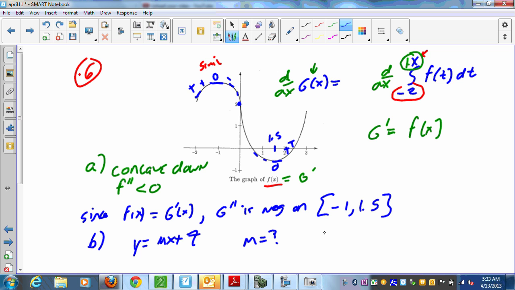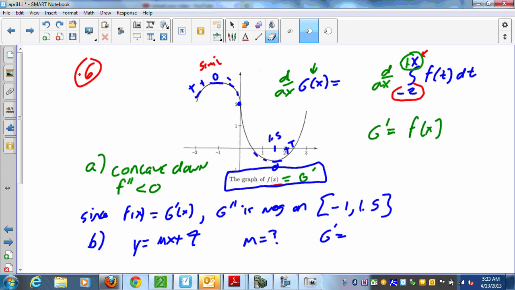And since they're asking us about g, how do you find a tangent line to g? You look at its derivative. And since we know this fact right here, that this graph f of x equals g prime, so what would g prime at 0 equal to? You just go and find out what the y value is for the function, and that's what the slope is equal to. So hopefully that helps you a little bit.